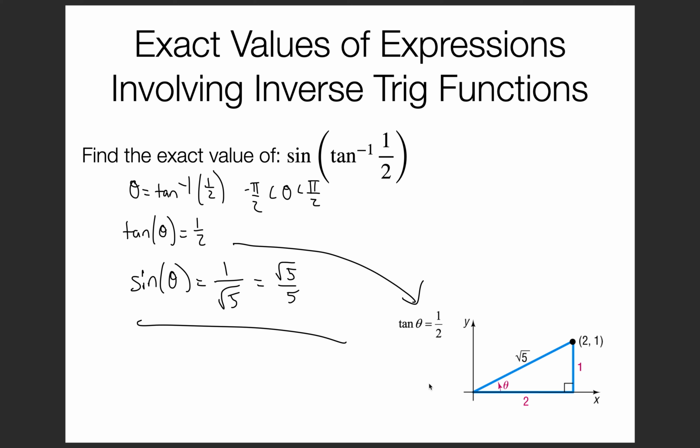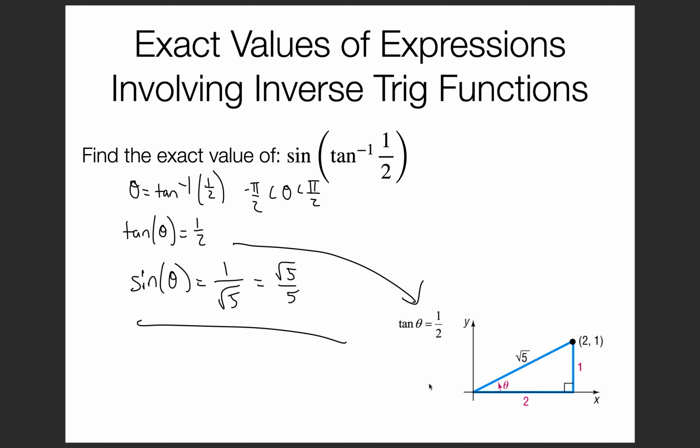I want to find the exact value of the expression, the sine of the inverse tangent of 1/2. And so now we can't rely on that nice rule that said the regular function and the inverse function would cancel out. Well, clearly sine and inverse tangent are not going to cancel out. So we need to think of something else.